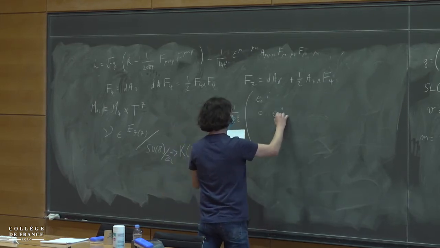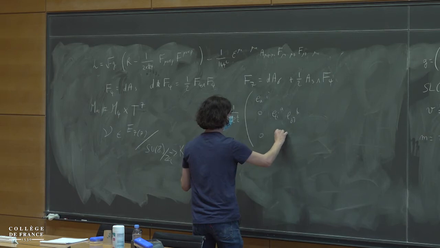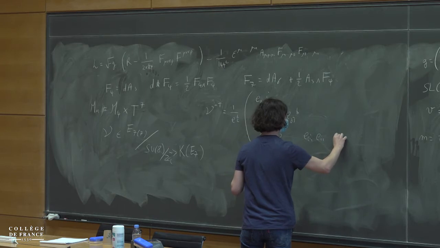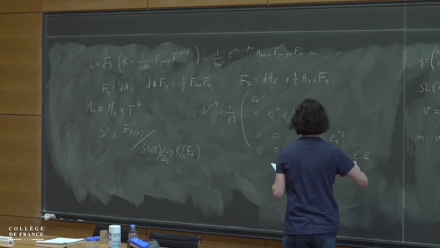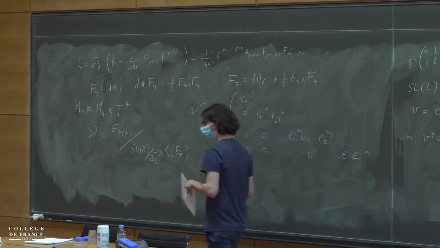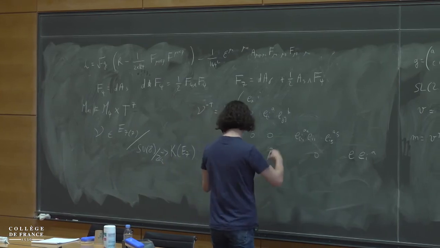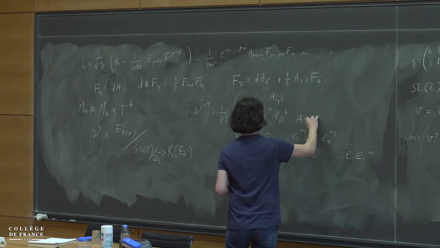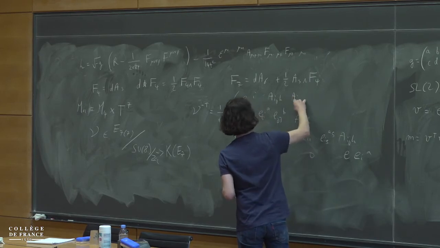It's an Iwasawa type gauge for the E7 coset that you get with block diagonal form, which takes E1, E2 all the way to E5 here, A1 to A5. And here the last component, E times EAI. All the off-diagonal components involve the potentials of the theory. To gain some time, I will not write explicitly what it is, but essentially you have AIJK appearing in all off-diagonal components, and for upper diagonal, you have the 6-form.